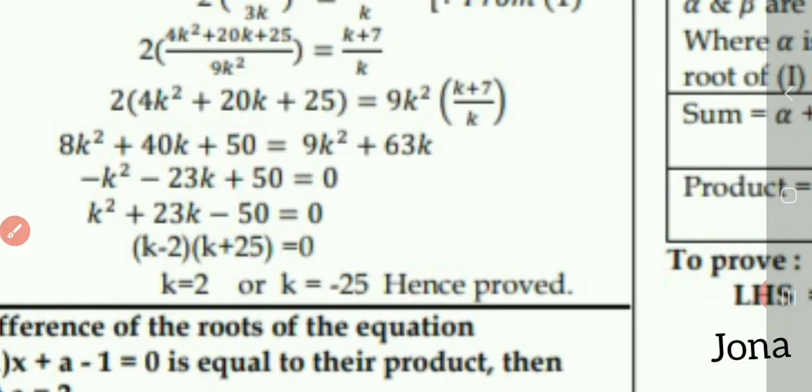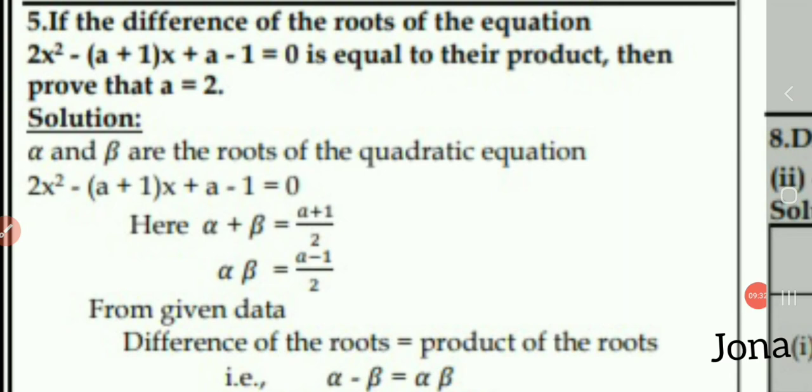The next problem, the fifth one. Fifth sum: if the difference of the roots of the equation 2x square minus of a plus 1 into x plus a minus 1 equal to 0 is equal to their product, then prove that a equal to 2.